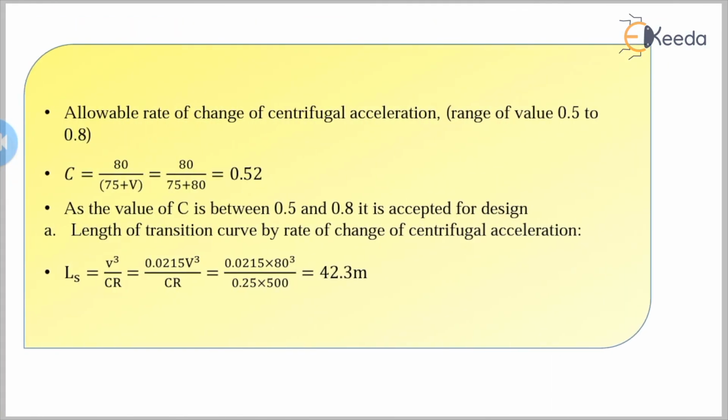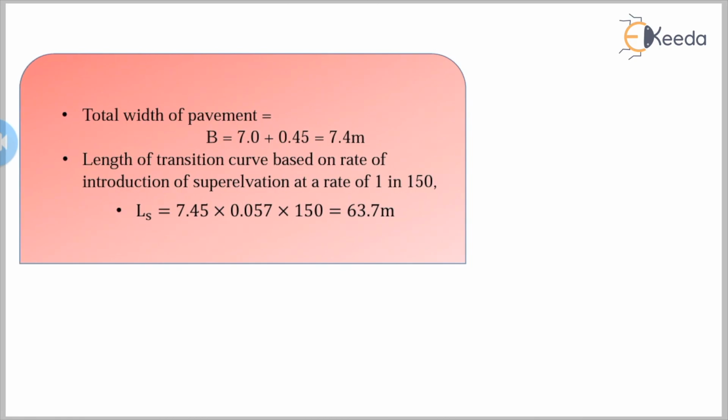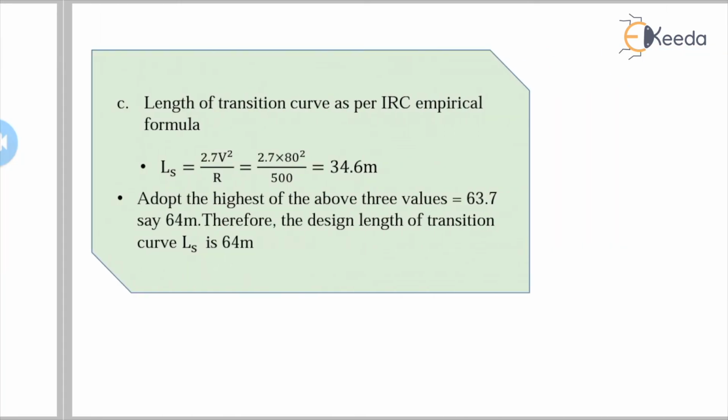First method is this: Ls is equal to V cube upon CR. And we have calculated E and extra widening, so that we can calculate super elevation E and the total width of the pavement, which comes to be 7.45. This is the second method of length of transition.